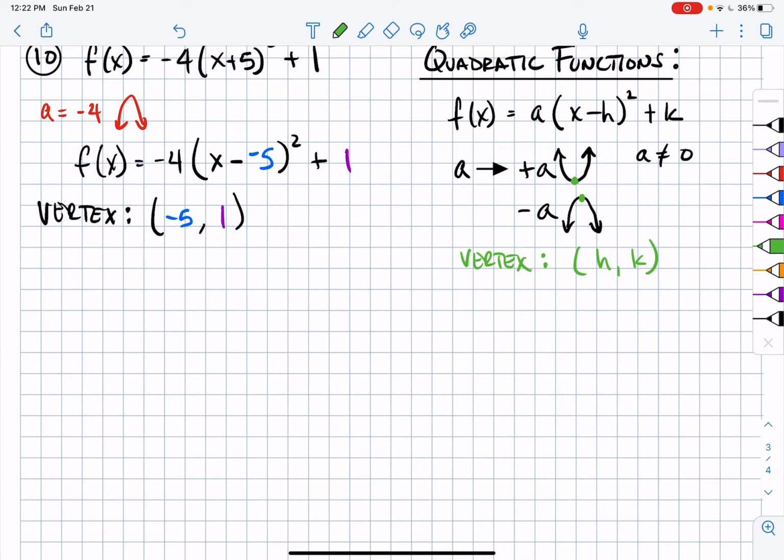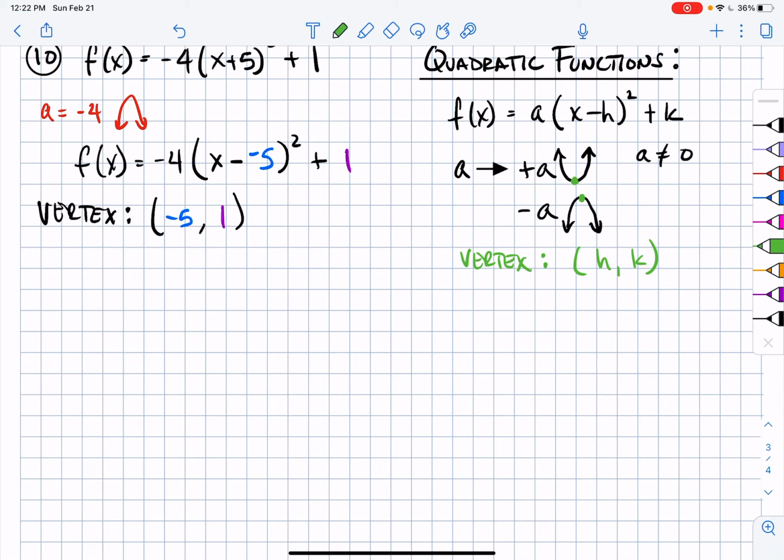Where that peak point is before it turns, or where the bottom of the parabola is, or where the top of the parabola is. That's your vertex. That's what that point is standing for. So negative 5, 1 means it's going to peak at that point because my a is a negative. Okay? So I got my vertex.